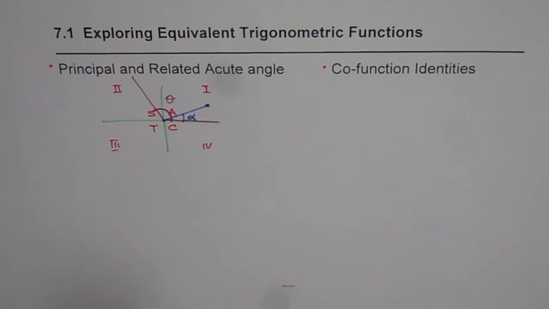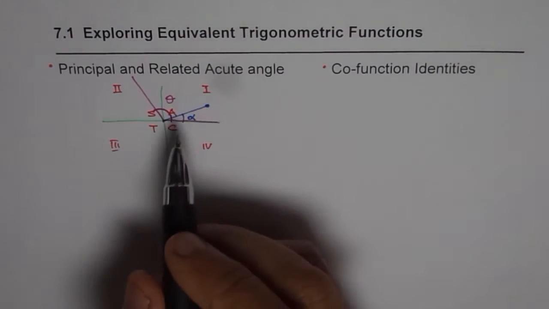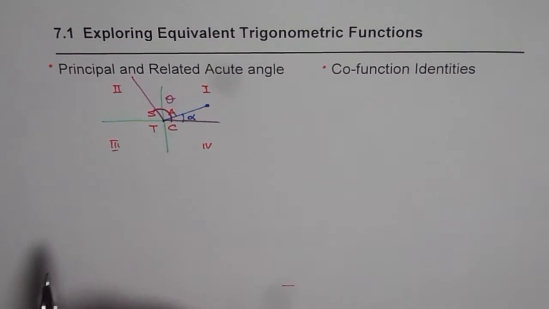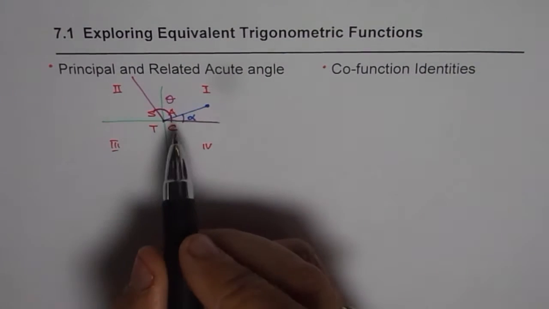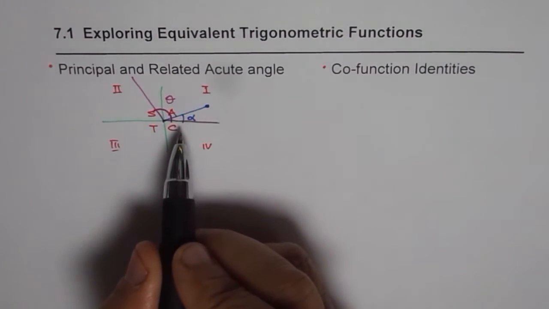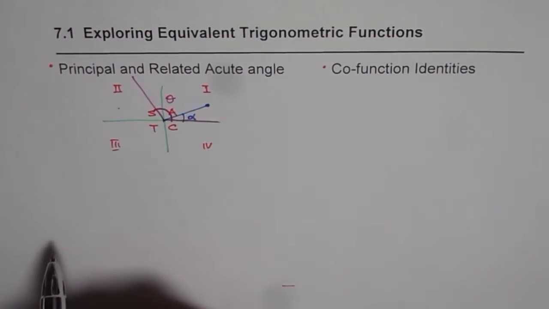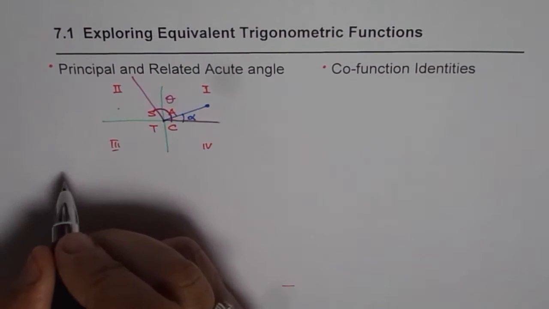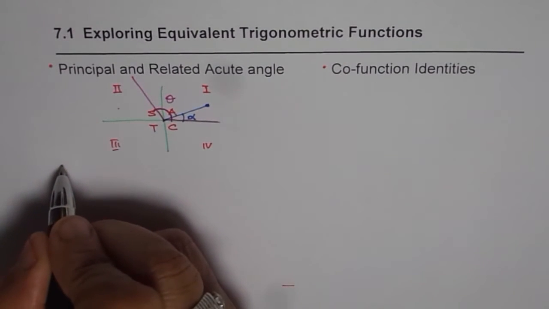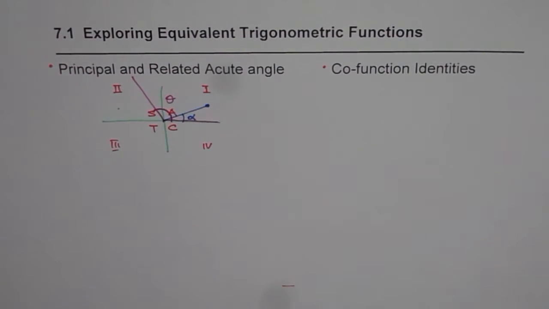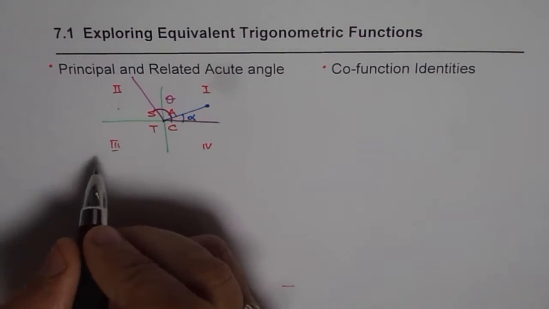We could write this principal angle as a combination of the related acute angle, right? Most of the time we prefer to write it, using radians since most of the students are using radians, as follows.